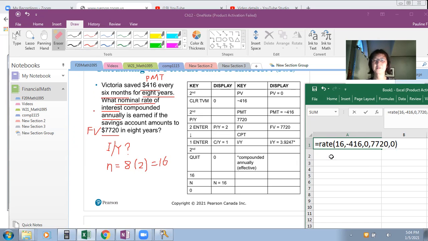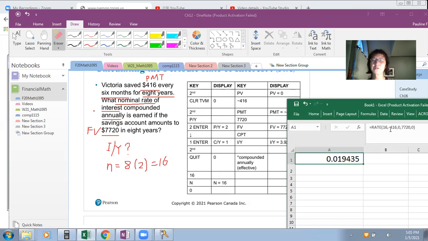And you get this one. This rate actually is the periodic rate. Remember, we have P/Y not equal to C/Y. We have to do something about this number.